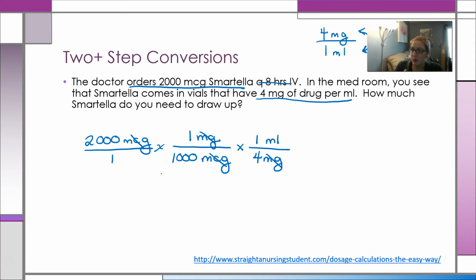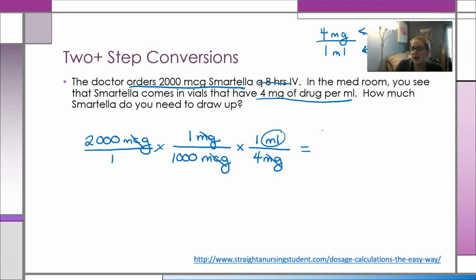So do we want our answer in milliliters? Should we be giving it in milliliters? Yes, it's in an IV, so we should be giving it in milliliters. That would be weird if we didn't have a liter or milliliter answer. We want it in liquid form, so that'd be weird if anything else.